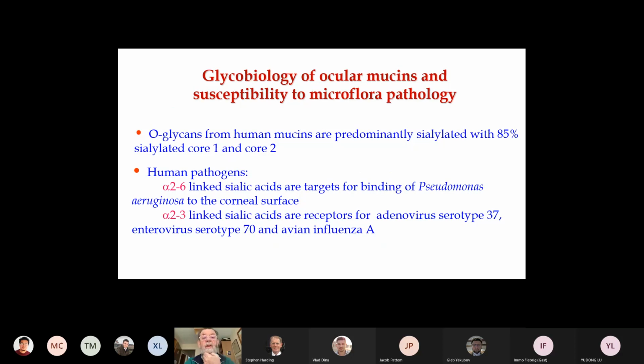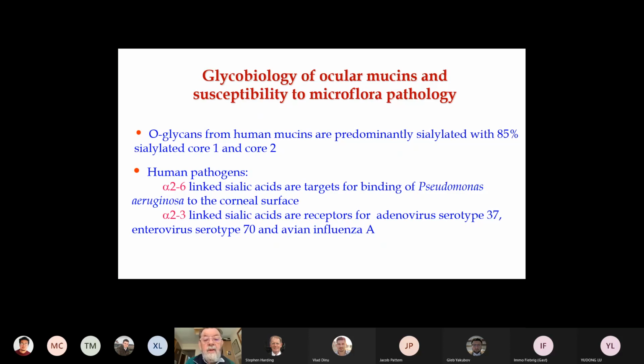Okay, so here is effectively what happens with ocular mucins. The O-glycans in the ocular mucins are predominantly sialylated, with 85% of the glycan structures, core 1 and core 2, having sialic acids. Now, this links nicely with the known pathogens in the eye, which show links to the sialic acids either through 2,6 or 2,3.